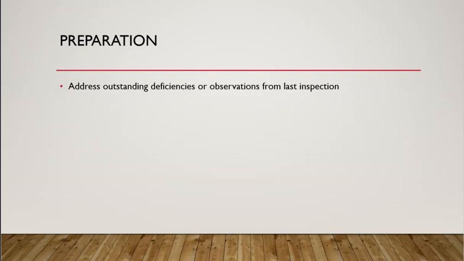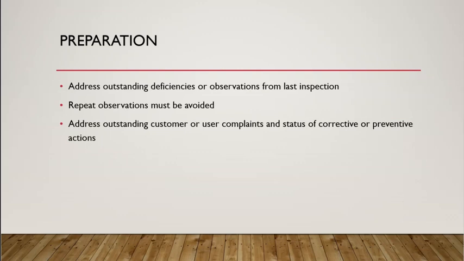The inspector already knows what the last inspection says, so that's liable to be the jumping off point of this inspection. So get off on a good foot and say that every deficiency has been cleared up and every observation has been cured. The last thing we want to have happen here is a repeat of the same deficiency or observation, so that we're not seen as being obstreperous.